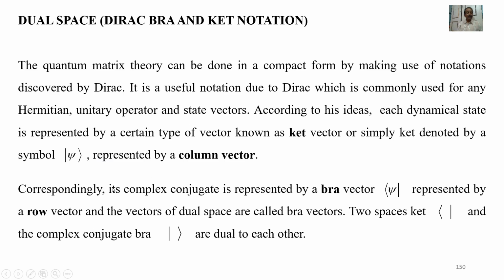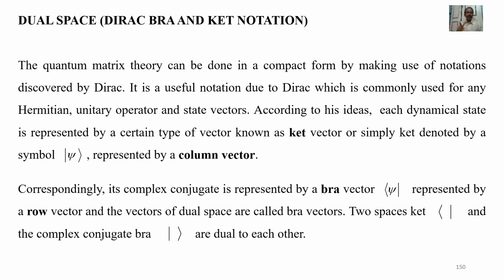Correspondingly, its complex conjugate is represented by a bra vector, denoted by the symbol bra psi. This is represented in terms of a row matrix, a row vector. The vectors of dual space are called bra vectors. So the dual of ket is bra, and the dual of bra is ket.